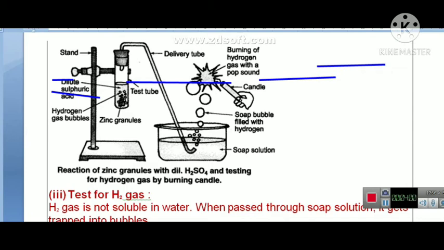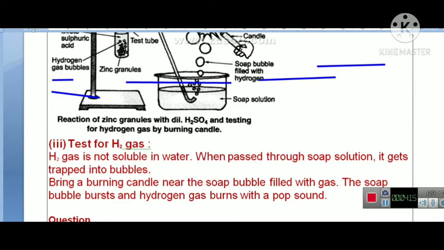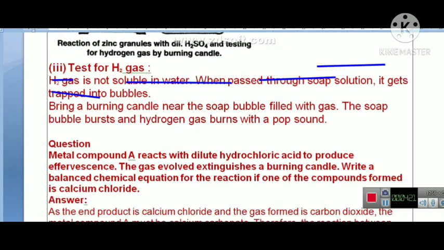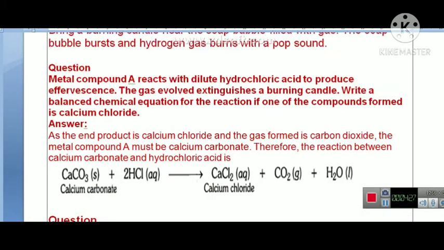Thus this reaction is zinc plus H2SO4, it will give a salt, that is zinc sulfate ZnSO4, and hydrogen gas. So by this arrangement or test, we can easily find out which gas is formed. So what is the test for hydrogen gas? You will see this test. Go for the next question.